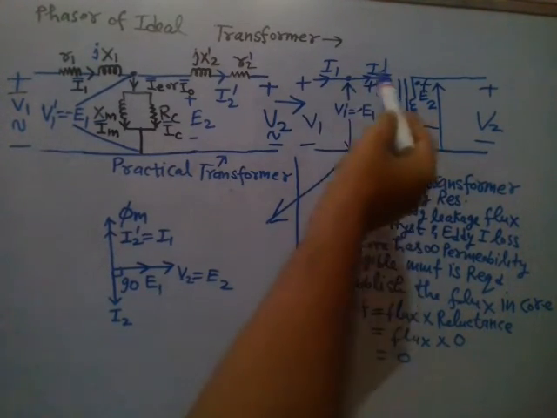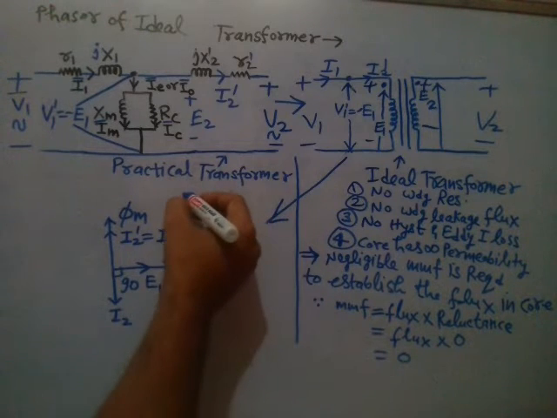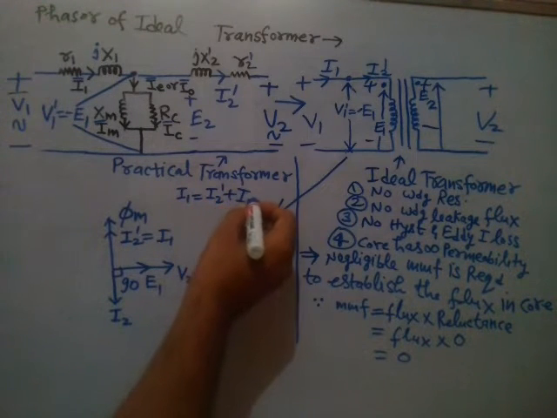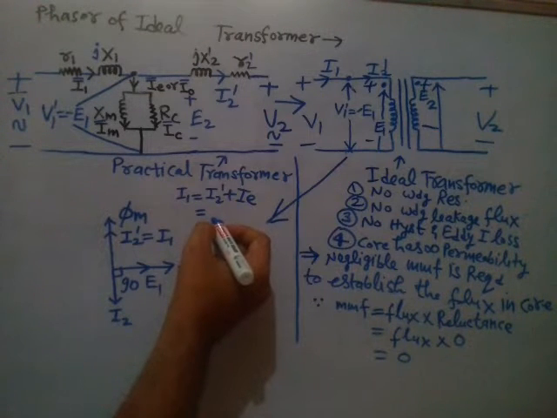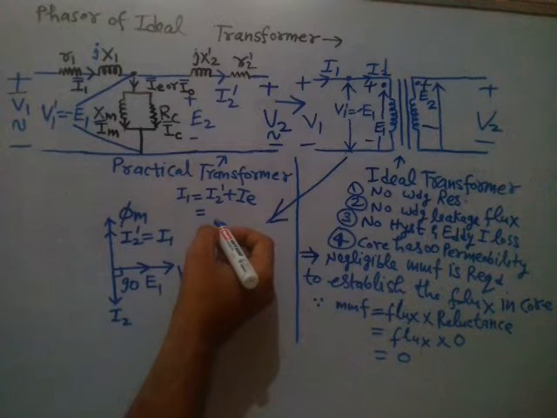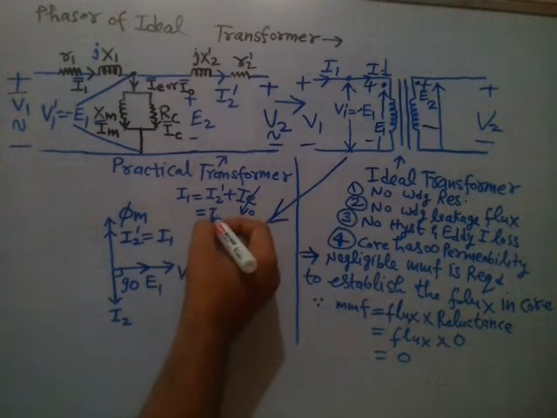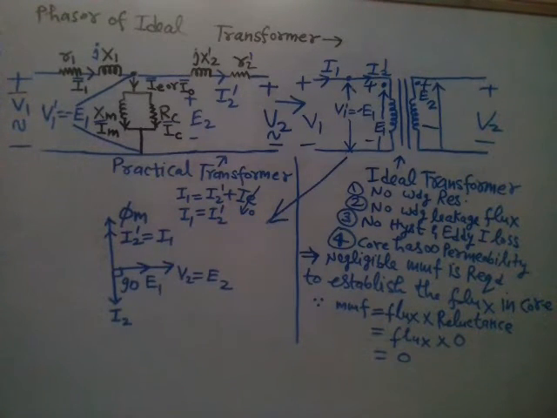I1 is equal to I2 dash because the exciting current is 0. In a practical transformer you have I1 is equal to I2 dash plus IE. So exciting current is almost 0 because we have said that negligible MMF is required to establish the flux in the core. So IE is 0, and you simply write I1 is equal to I2 dash.